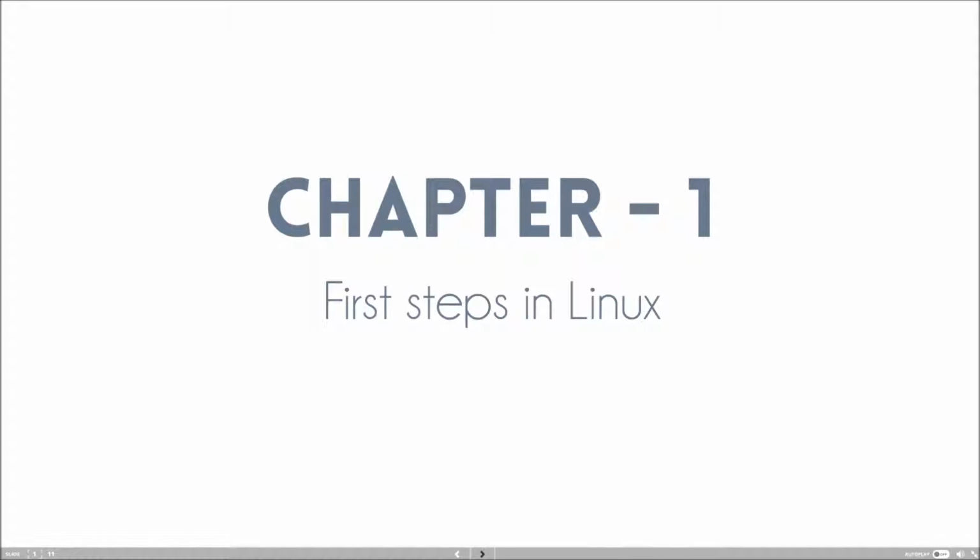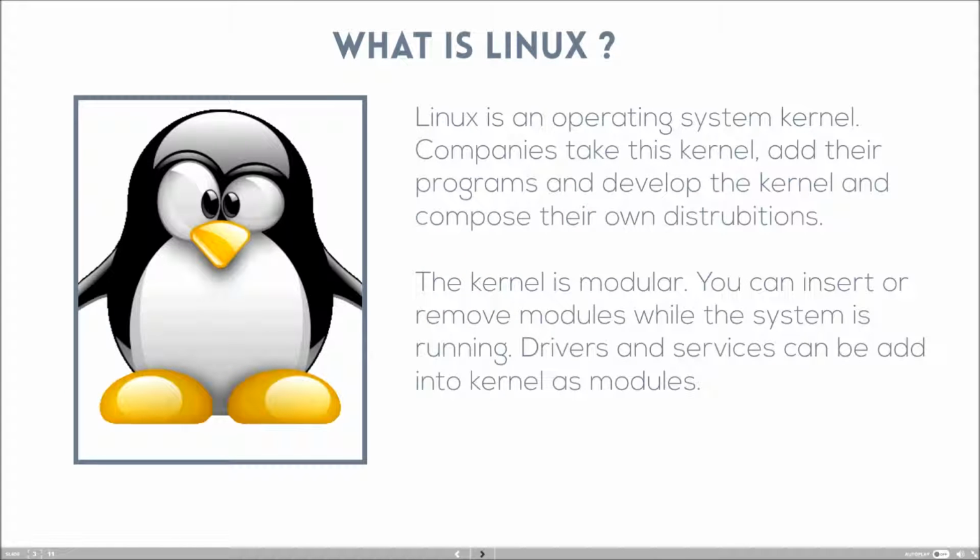This is chapter 1. First of all, Linux is actually the name of the operating system kernel. You see lots of different Linux versions. Ubuntu is the most popular one. Also, Debian, Fedora, SUSE or OpenSUSE, Mint, Backbox, and more.